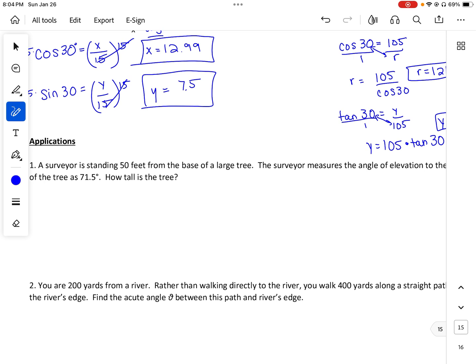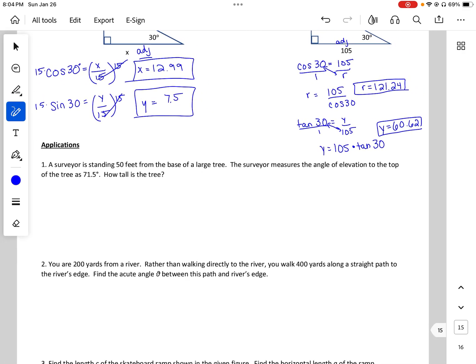A surveyor is standing 50 feet from the base of a large tree. The surveyor measures the angle of elevation to the top of the tree as 71.5 degrees. How tall is the tree? Here's my surveyor. He is standing 50 feet from the base of the tree, so here's our tree.